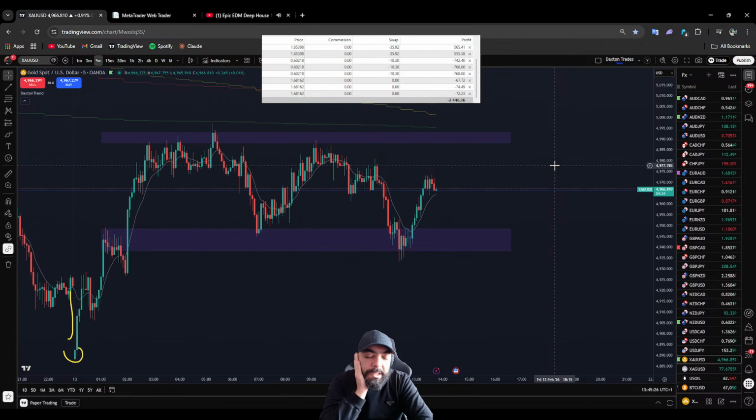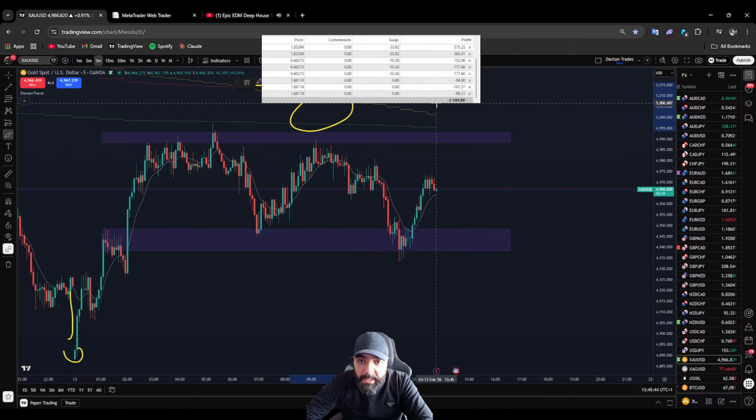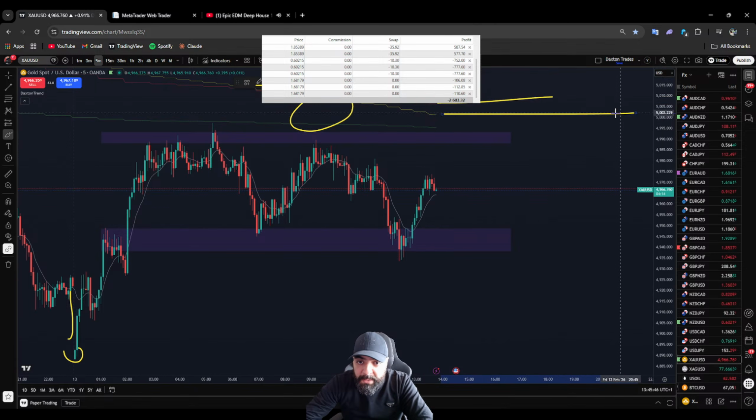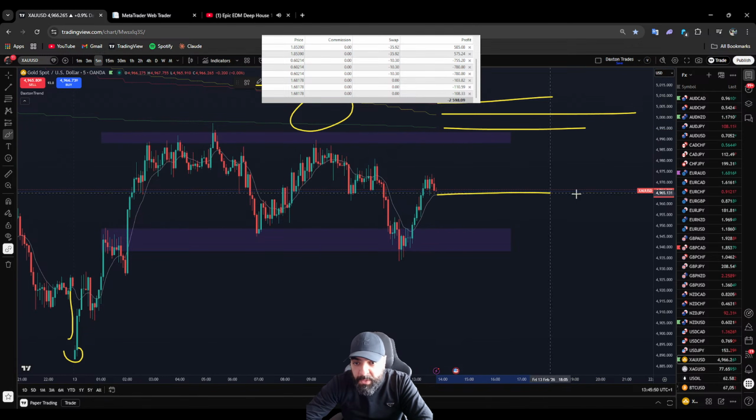You don't need to have the chart full of annotations, full of nonsense, full of indicators. Like you see here, I don't use any indicator. This is just an EMA and a fixed EMA. That means this is the 4-hour EMA, this is the 2-hour, this is the 1 hour, and this is the 1 minute EMA.